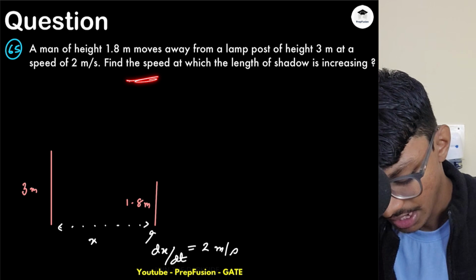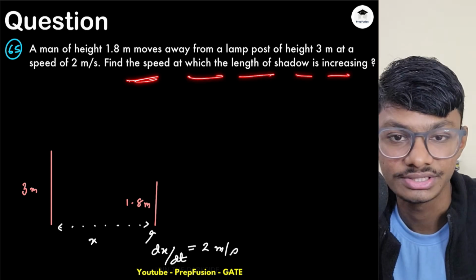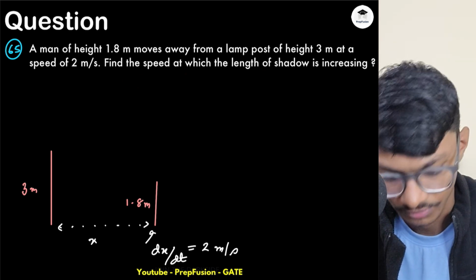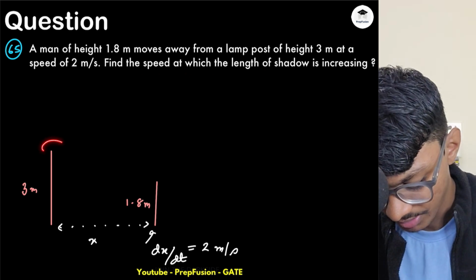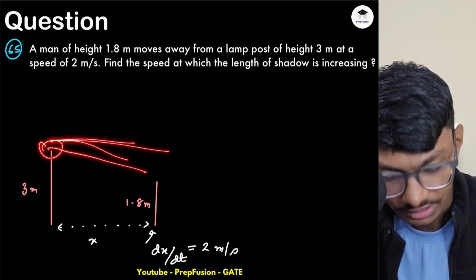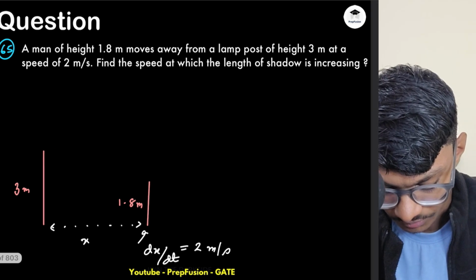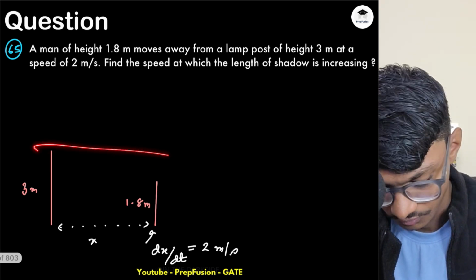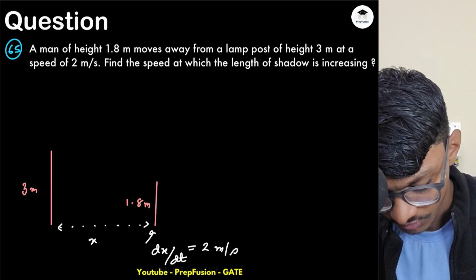Now what next is it telling us? Find the speed at which the length of the shadow is increasing. So here I have a lamp, and the lamp will illuminate the light. Where will the shadow fall? The shadow will fall somewhere around here.